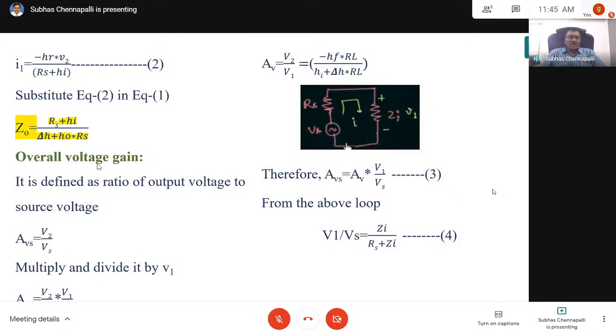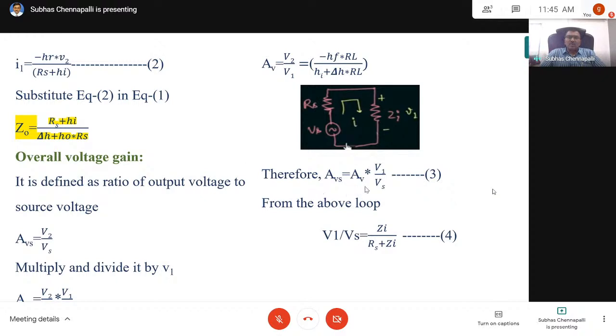Now, overall voltage gain considering the source means V2 by Vs. Earlier it was V2 by V1. What I do is multiply and divide with V1. So V2 by V1 is AV, a formula you know already.